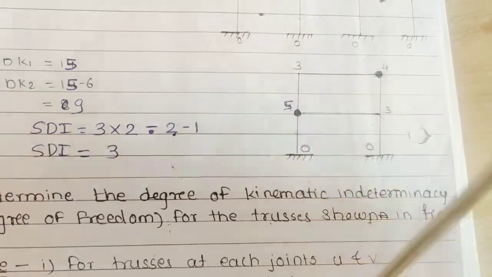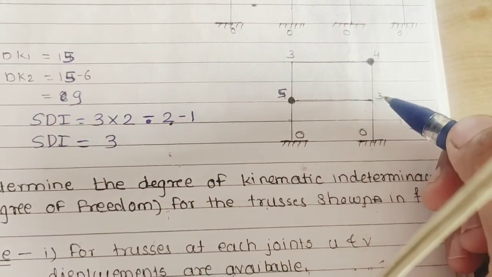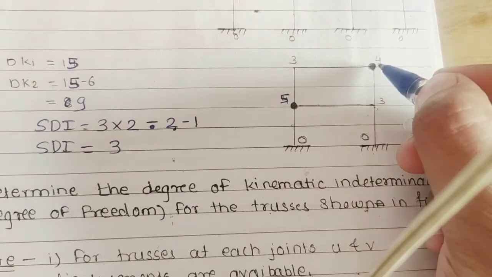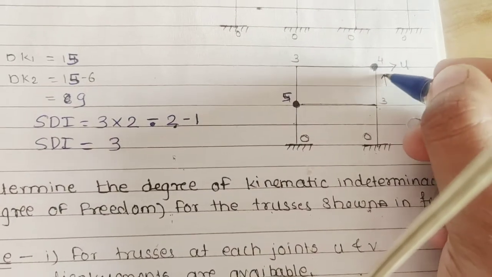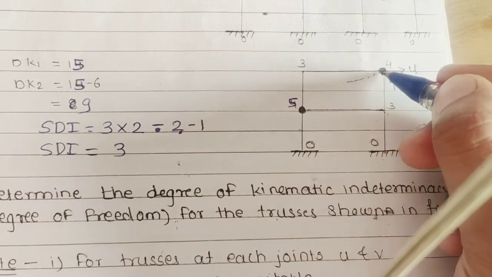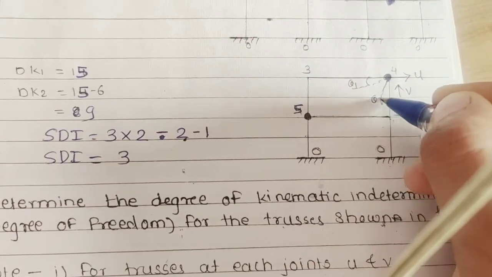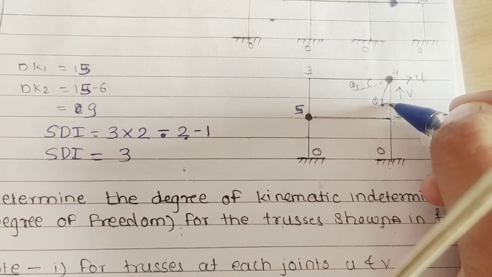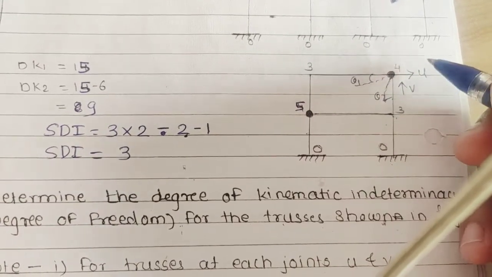Then here for this internal hinge you have to count the number of degrees of freedom. Here the degree of freedom is nothing but 1 horizontal displacement, 1 vertical displacement and 2 angular displacements, means for these 2 members, this is theta 1 and theta 2, means these 2 angles are different, means for this particular hinge there are 4 displacements.